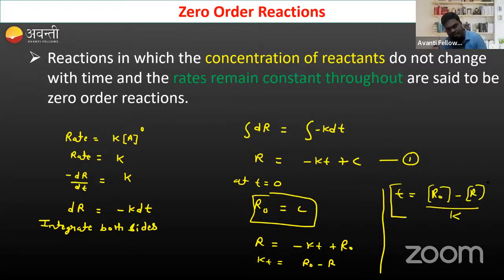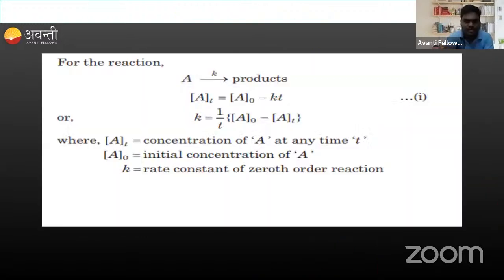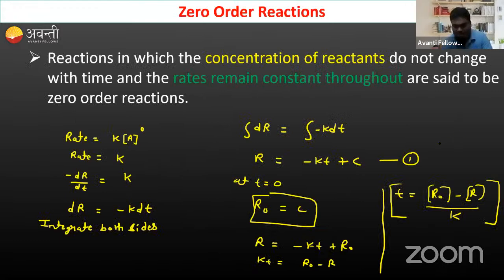So this is the integrated rate equation for the zero order. This is the form we will have to understand, where R naught is the initial concentration.